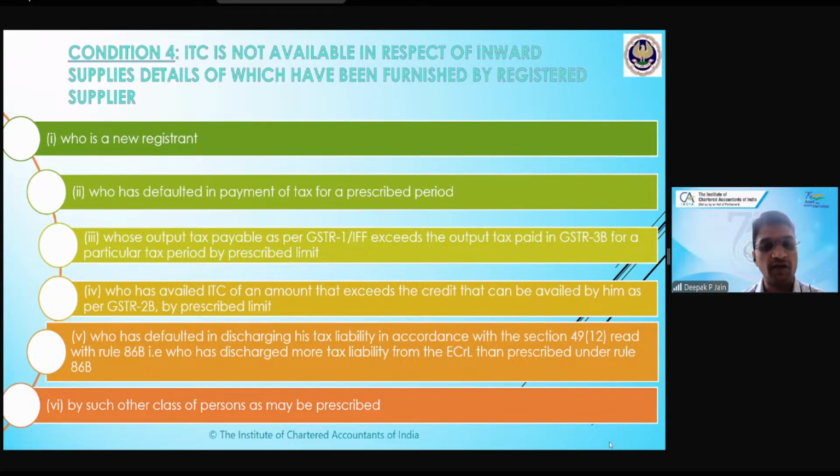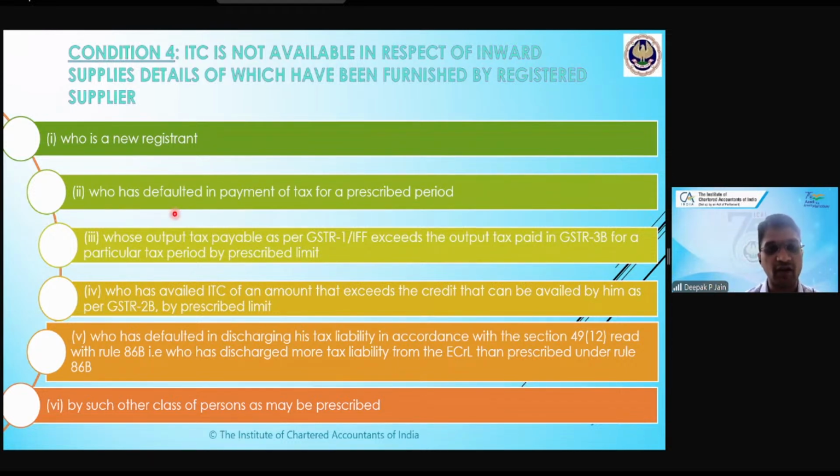If you're buying from a person who is newly registered under GST, right? Now the government does not have high visibility in terms of whether he's a regular taxpayer, whether he's paying the taxes correctly or not. So the government is saying if you buy anything from a new registrant, you will not get the credit.